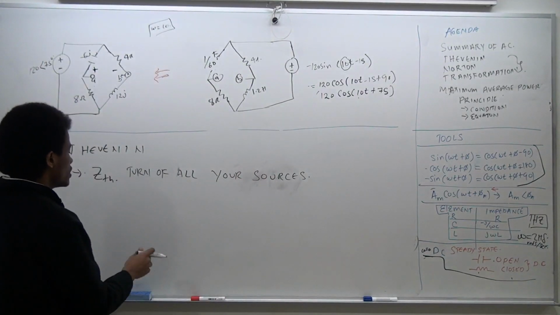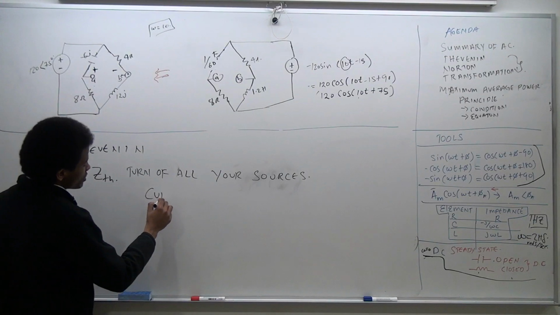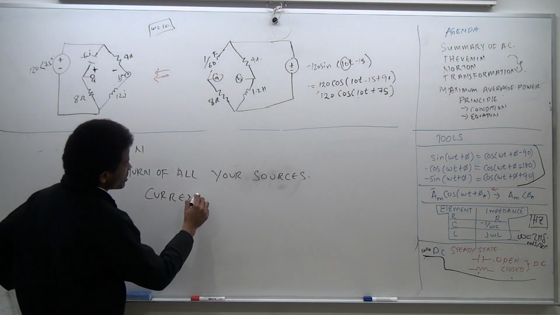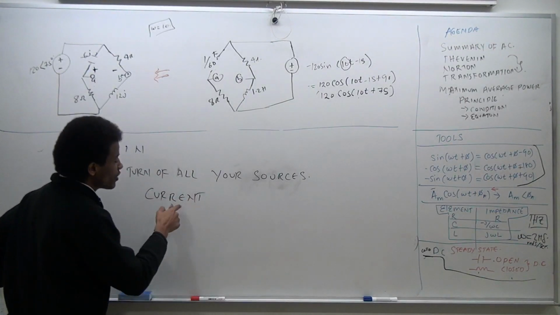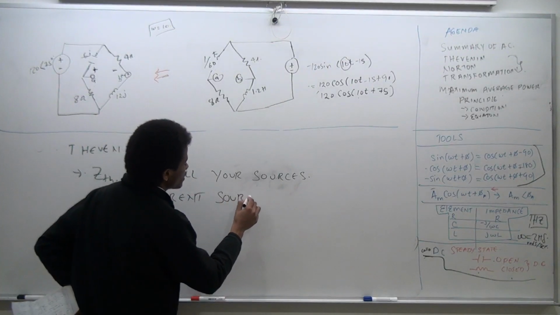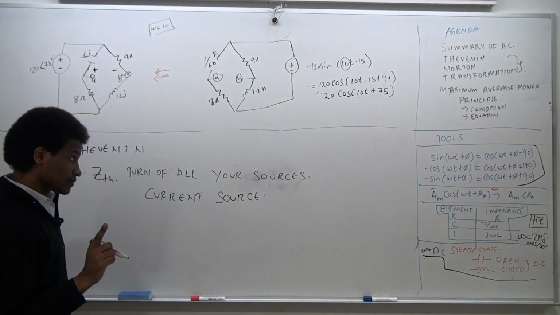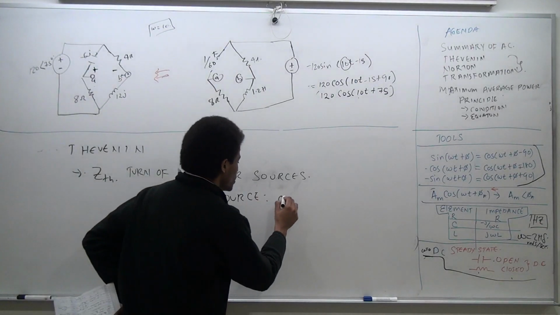And how do you turn off your sources? For example, a current source. Does anybody have any suggestion? How do you turn off a current source? A current source is open. Exactly.